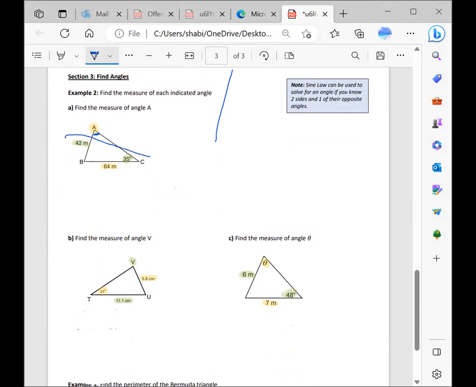So it's C. It has the side as well as the angle. And I have to find my angle at A, but I have my side at A given. So it means I'm going to write it here: sine capital A over small a equals sine capital C over small c.